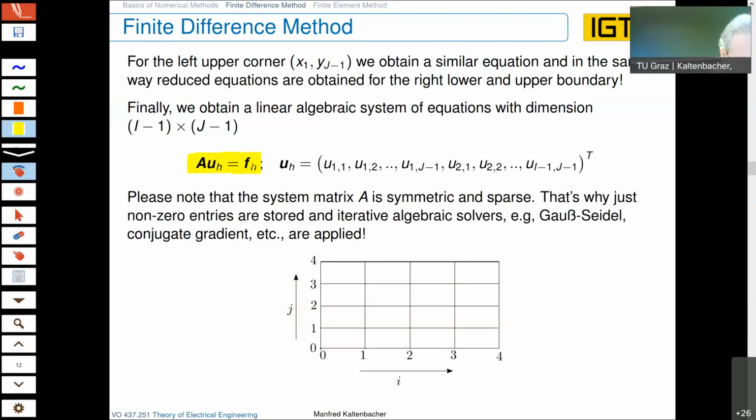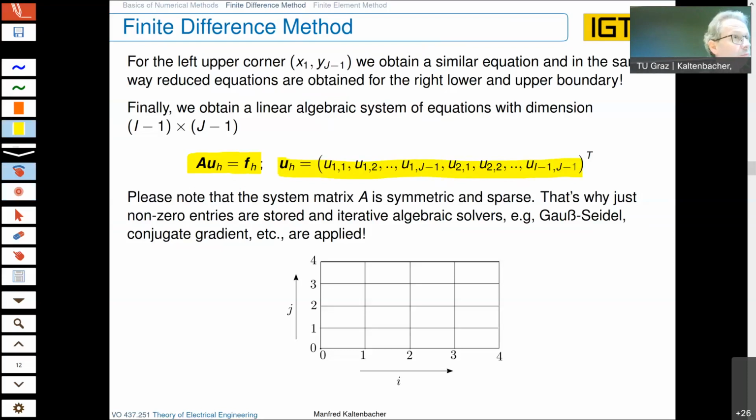And we have a right-hand side, which not only includes our source term, let's say the charge density, but also includes values from the boundary where we know already the solution.